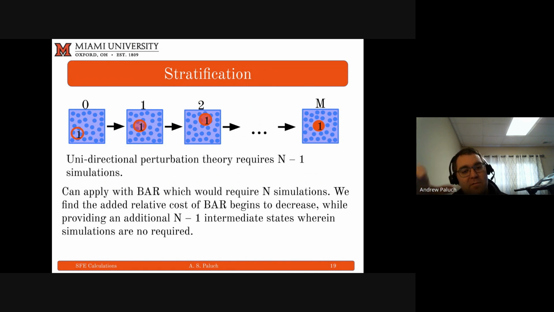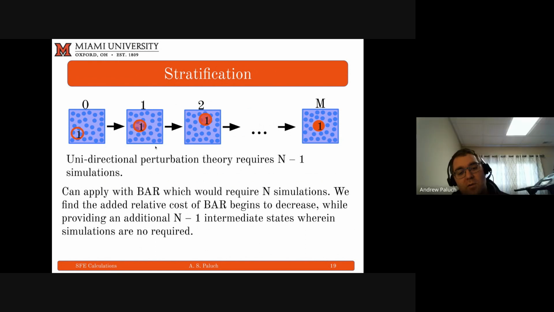And so that's going to have 0 probability of actually occurring in state 1. It's not within that important phase space of state 1. It's not going to actually contribute towards that configurational integral. And so what happens is you end up generating a lot of configurations in state 0, which have no value in state 1.